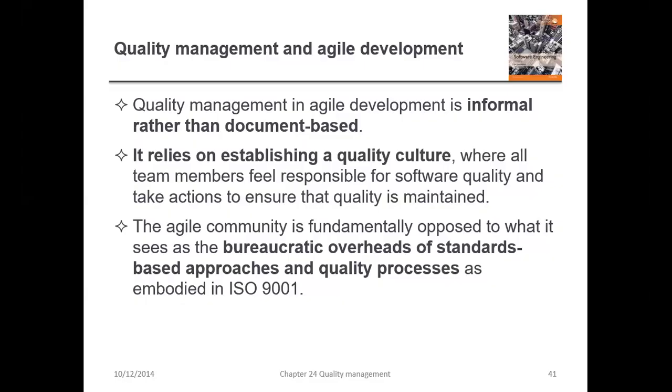Here, when they're talking about quality culture, they expect every team member to be responsible for the quality of the things that they do in terms of the system development.